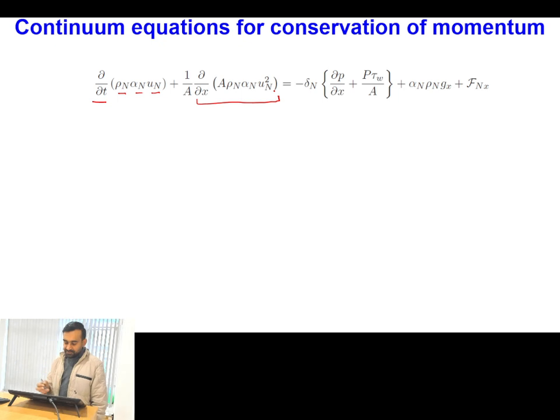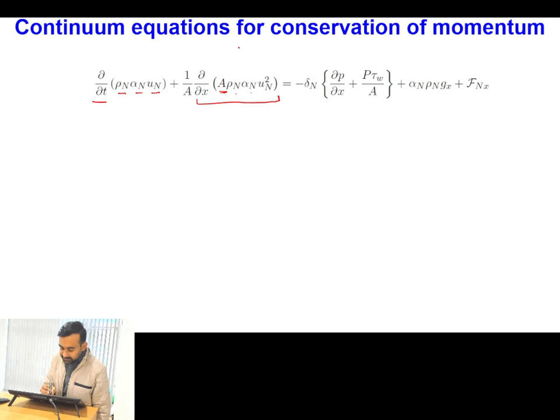That's why I am using 1 by A over here, and inside I am multiplying by A, so A rho n alpha n. Now there are two differences. One difference you already know from the continuity equation: because we are dealing only with variation in one direction, the subscript x is dropped, because we are only referring to a single direction.